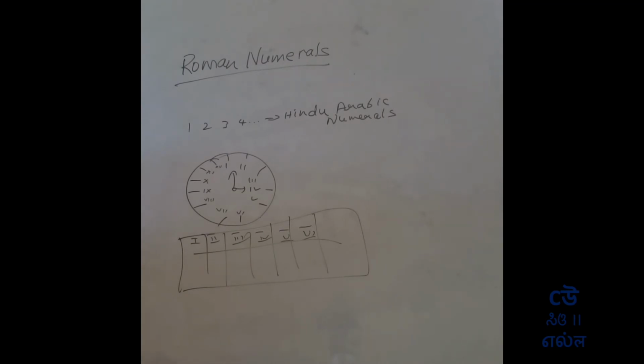You might have learned Roman numerals in previous classes briefly, not very deeply, so here I'll teach you how to write the numbers in Roman numerals. We might see them in many places, for example the clock and the school timetable. Let us see the Roman numerals from 1 to 10 first.